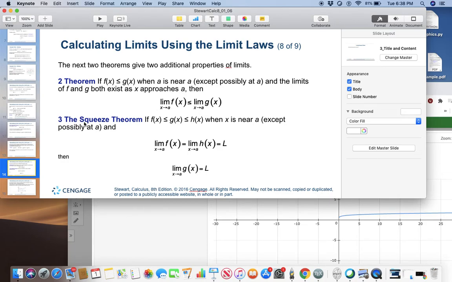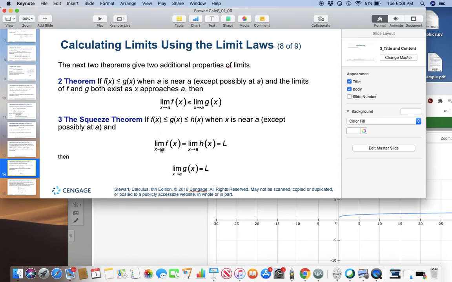Which brings us to what is called the squeeze theorem. The squeeze theorem is also called the sandwich theorem. If you have three functions, f of x less than or equal to g of x less than or equal to h of x, okay? So g of x is sandwiched between these two.